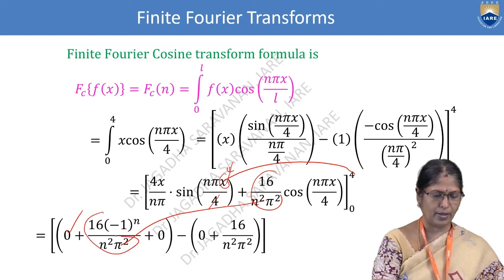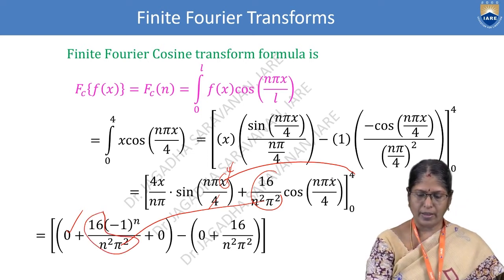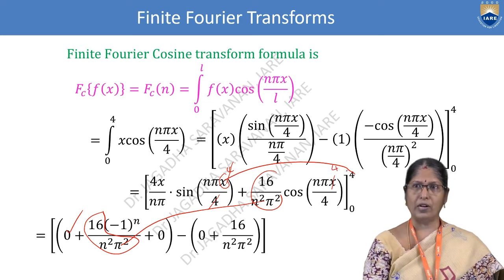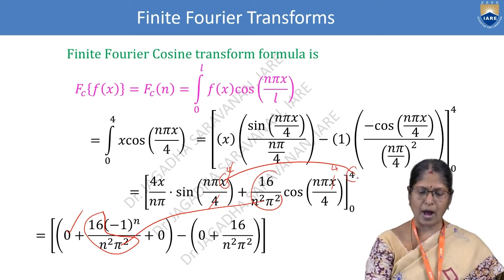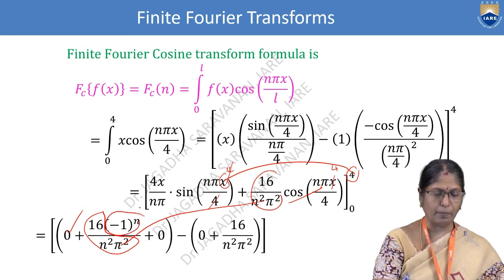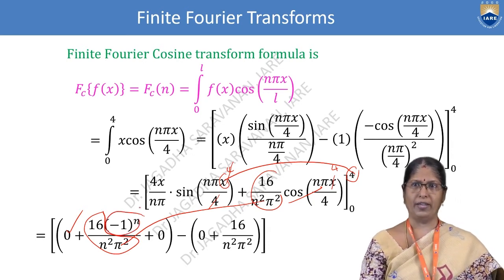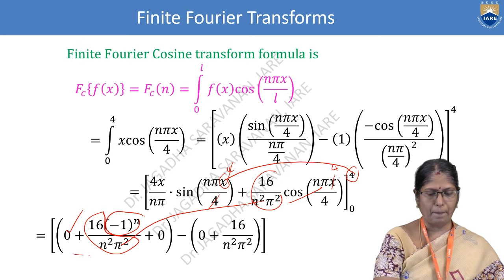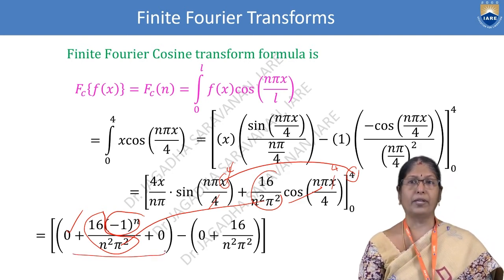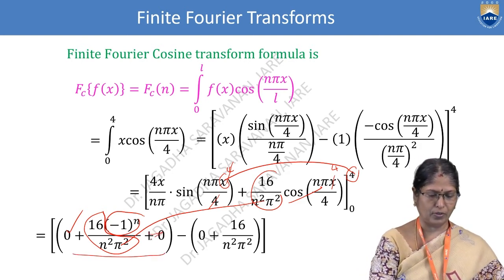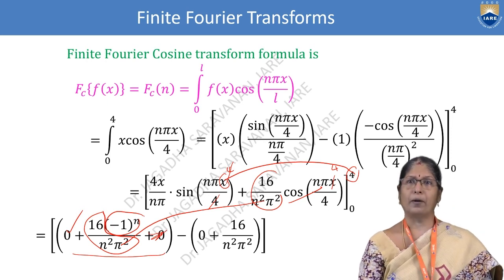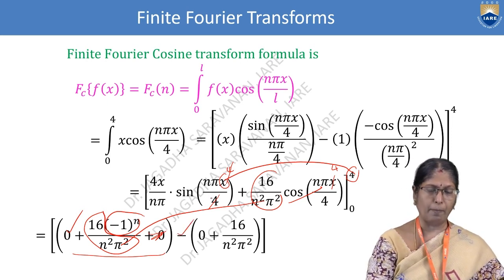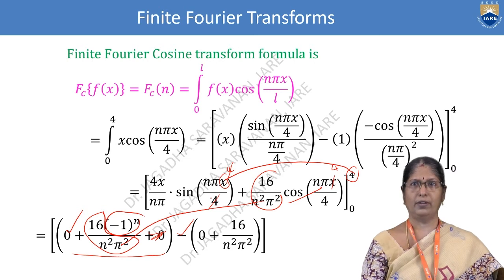Here x is taking the value 4, and 4 cancels. The remaining is cos of n pi, which is nothing but minus 1 power n. The upper limit is completed; the other term is not there. This is formula minus for the limit.